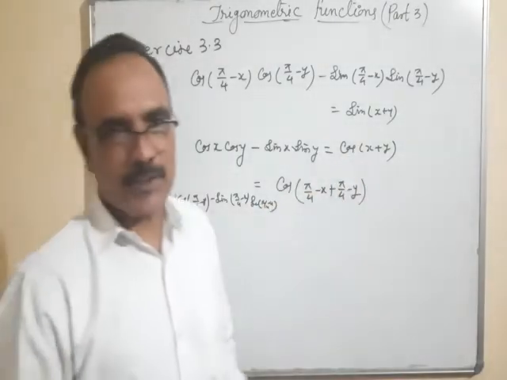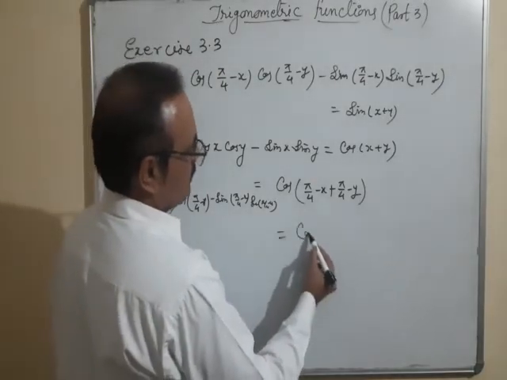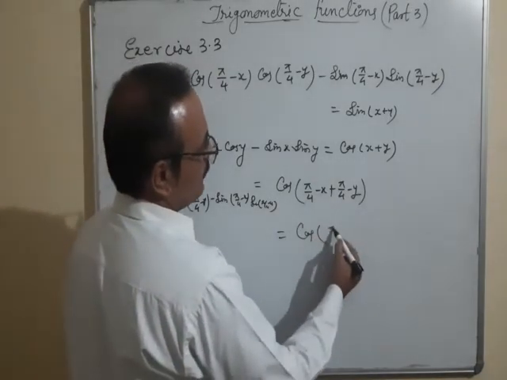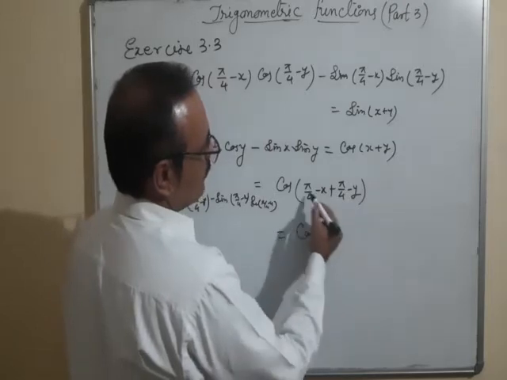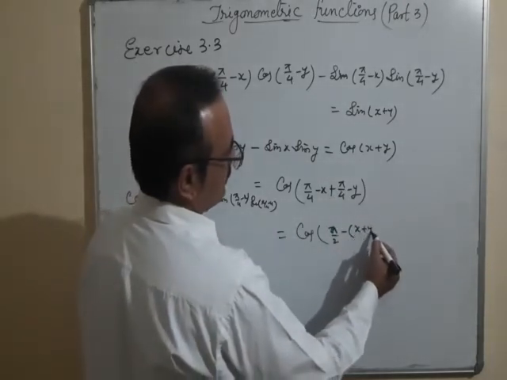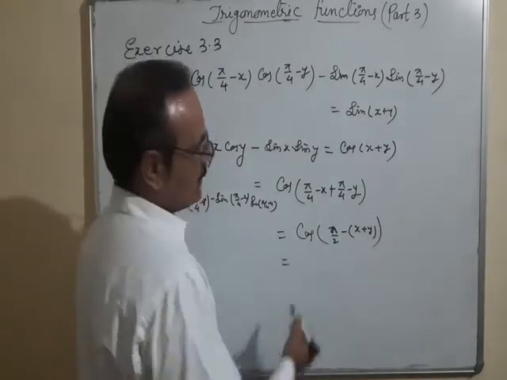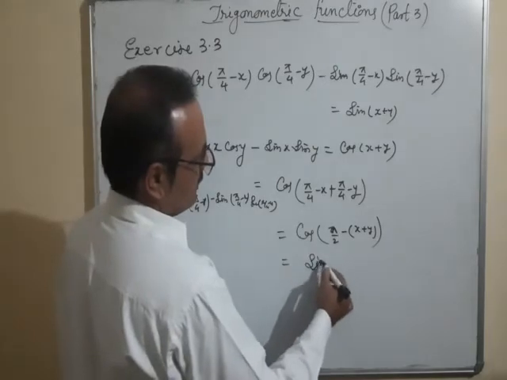Direct value substituted in the formula. This is cos(pi by 4 plus pi by 4 minus x plus y), pi by 2, 45 plus 45 is 90, minus x plus y. And cos(90 minus theta) is sin theta. So what to write here? Sin(x plus y).